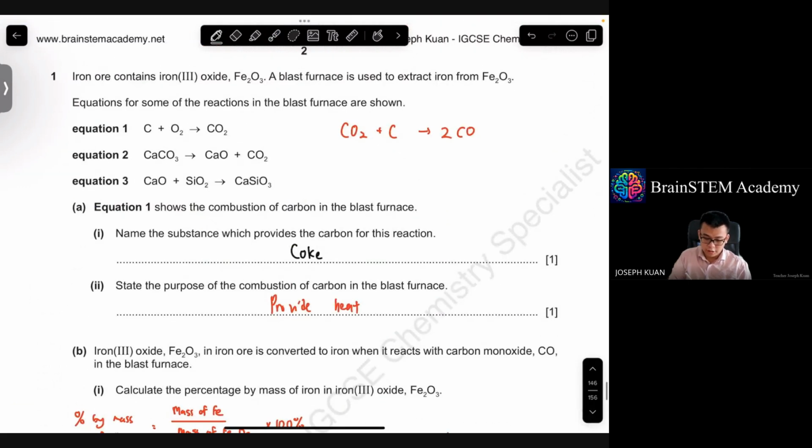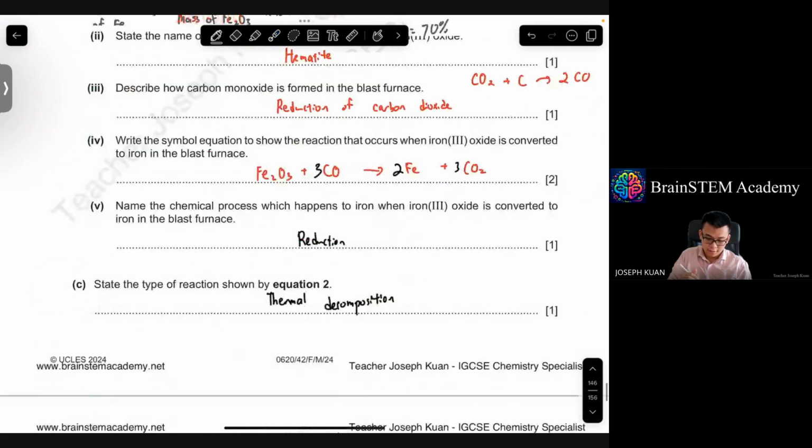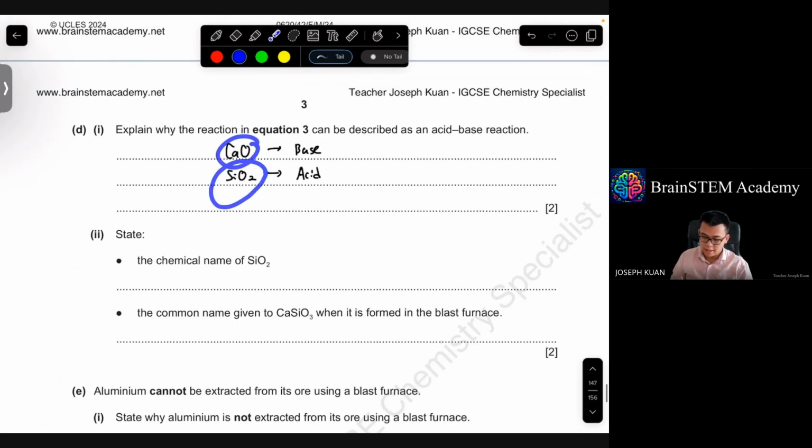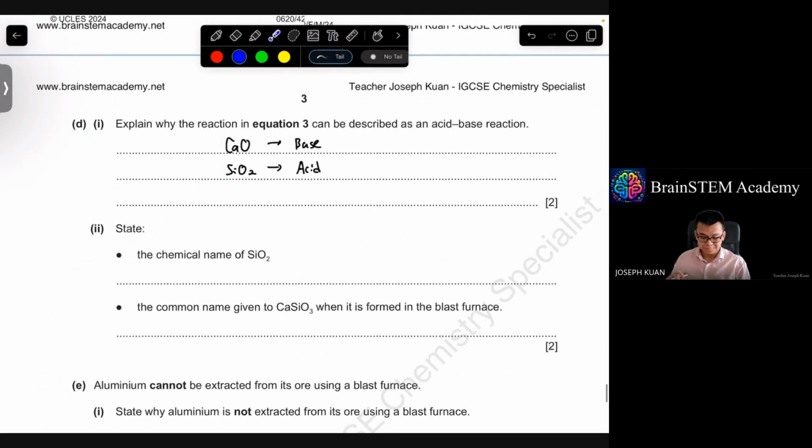So equation 3 here is an acid-base reaction, as calcium oxide is a base, whereas silicon oxide is an acid. Metal oxides tend to be basic, and non-metal oxides, or should I say semi-metal oxides, tend to be acidic. So as this is a base and this is an acid, together they react, and it's considered an acid-base reaction.